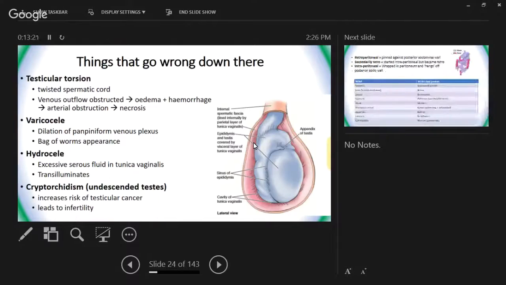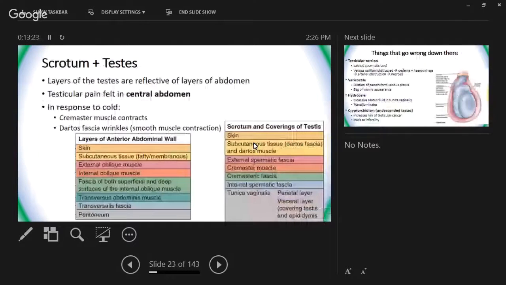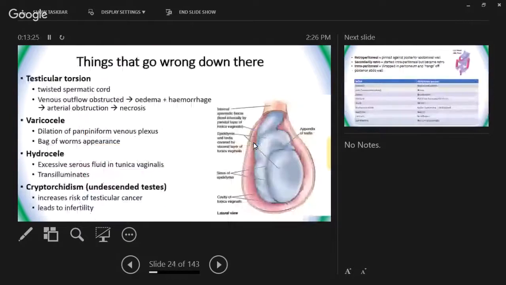And the tunica vaginalis is basically the peritoneum of the testes. Things that go wrong: we said testicular torsion, an important differential when someone comes in with abdominal pain. You've got varicocele, which is dilation of the pampiniform plexus, and that gives you a bag of worms.